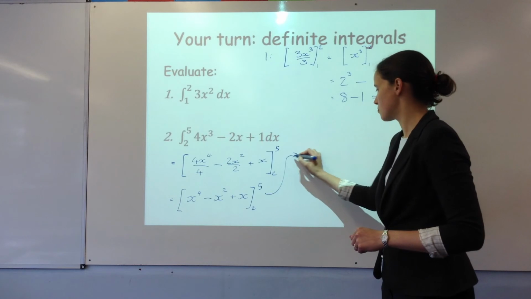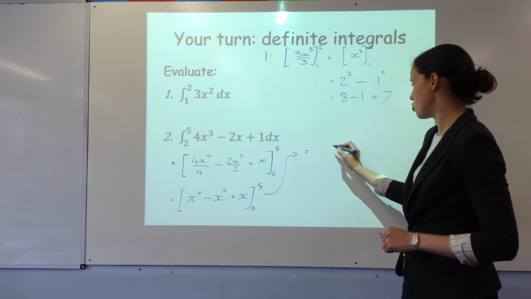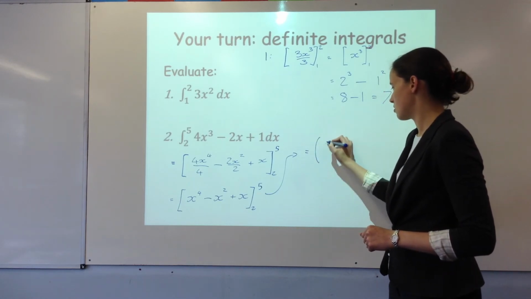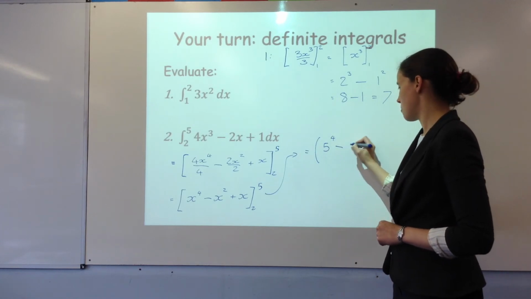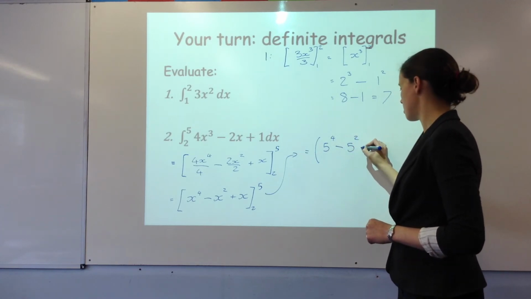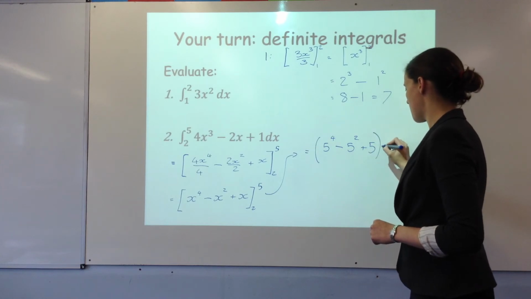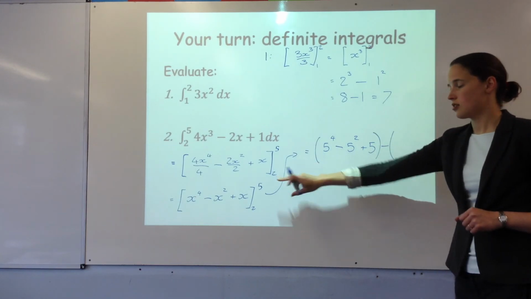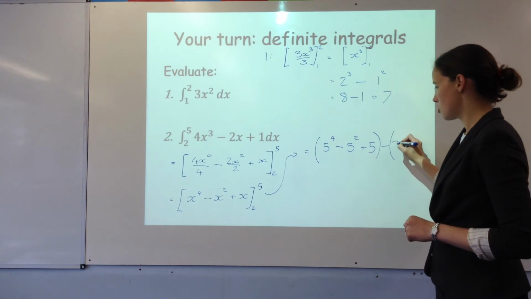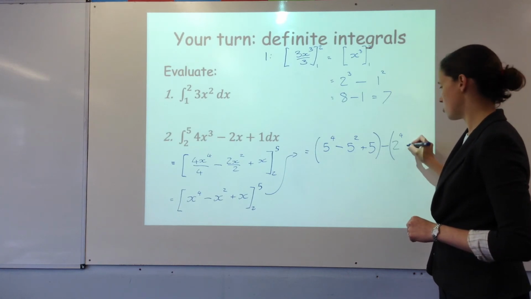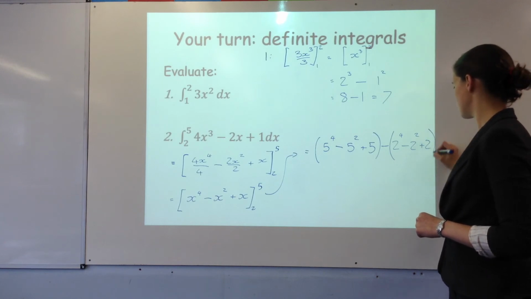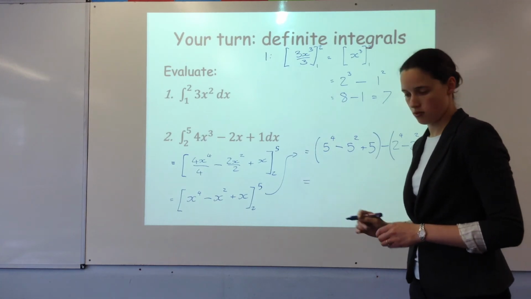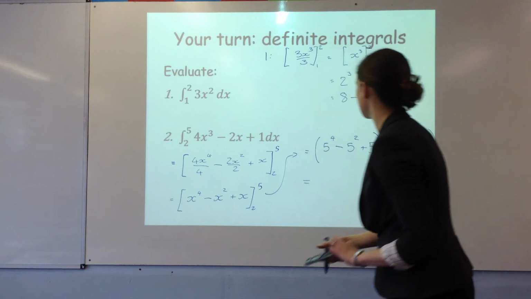So that's going to be equal to the top limit, 5 to the power of 4 minus 5 squared plus 5, minus from it the second limit, 2 to the power of 4 minus 2 squared plus 2. And I'm going to be entirely lazy this time.